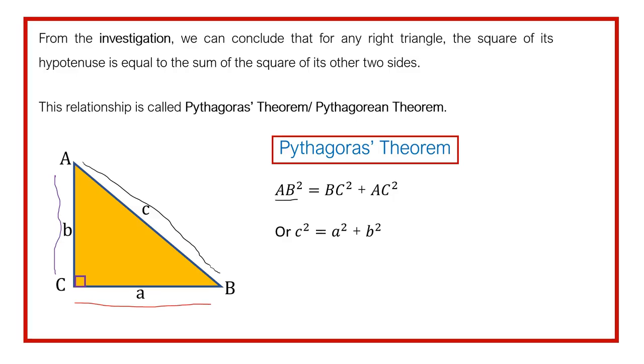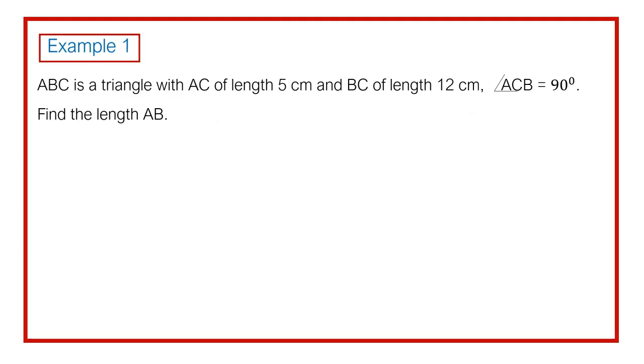And we can know that this is a right triangle when we see one of the angles of the triangle is 90. Okay? Now let us see how we can find the missing side of a right triangle.